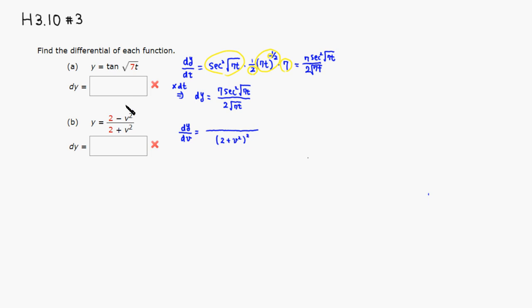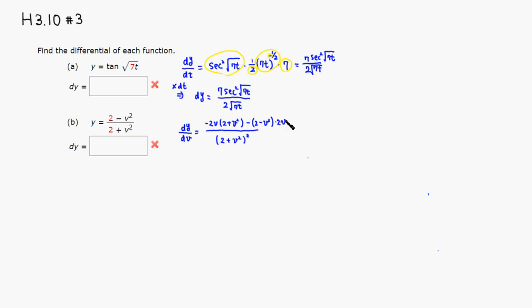Derivative of the top is negative 2v times the bottom, which is 2 plus v squared, minus the top, which is 2 minus v squared, multiplied by the derivative of the bottom, which is 2v.